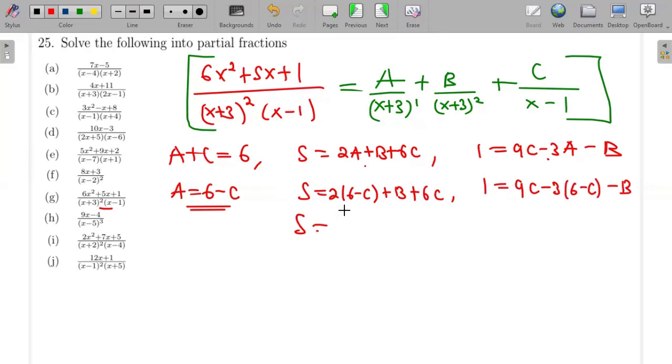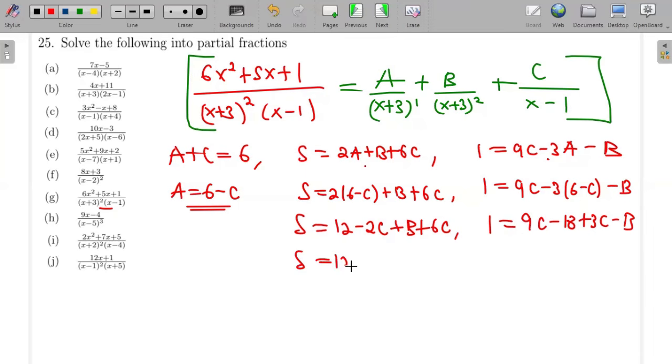So this will be 5 is equal to 12 minus 2C, plus B plus 6C. 1 is equal to 9C minus, this will be 18 plus 3C minus B. So here, 5 is equal to 12 plus B plus 4C when I combine these.